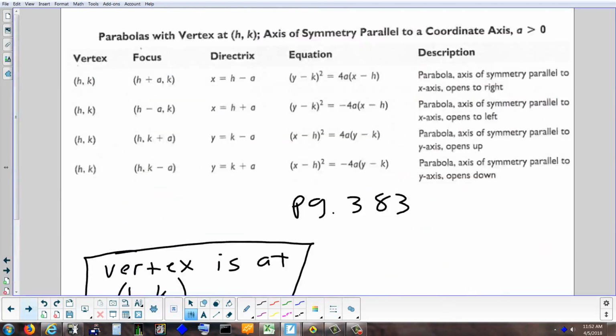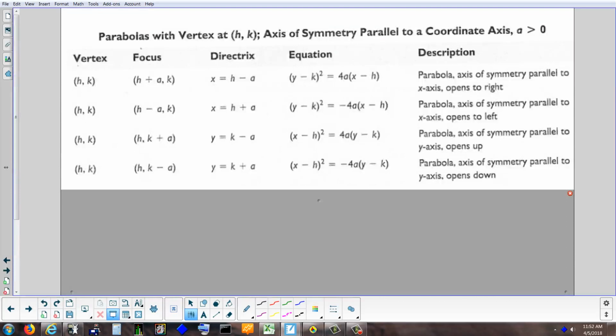All right, so this is the table that's very similar to table 1, but notice there's one thing that's different about it. Those aren't all 0, 0. They're h comma k. So your vertex doesn't always have to be 0, comma 0. You okay? Yeah, I'm fine.